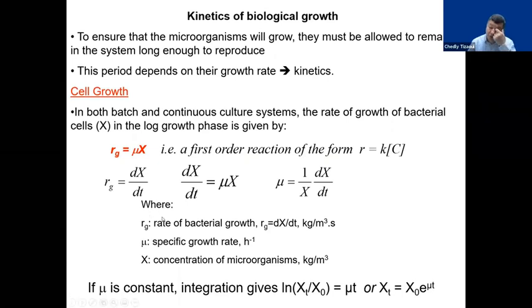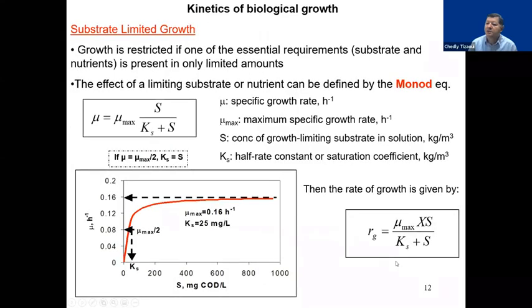If mu is constant, then you have a first order reaction. You integrate it and you obtain the change of the concentration of microorganisms as a function of time, where X_t equals X_0 exponential mu t. Now, how does mu, the specific growth rate, change?